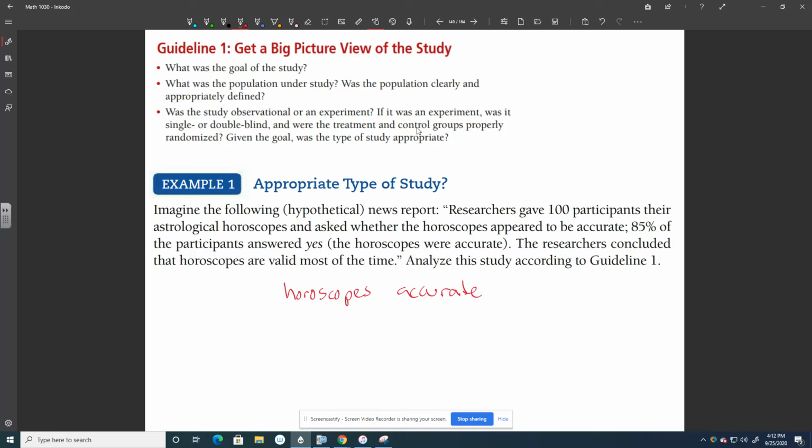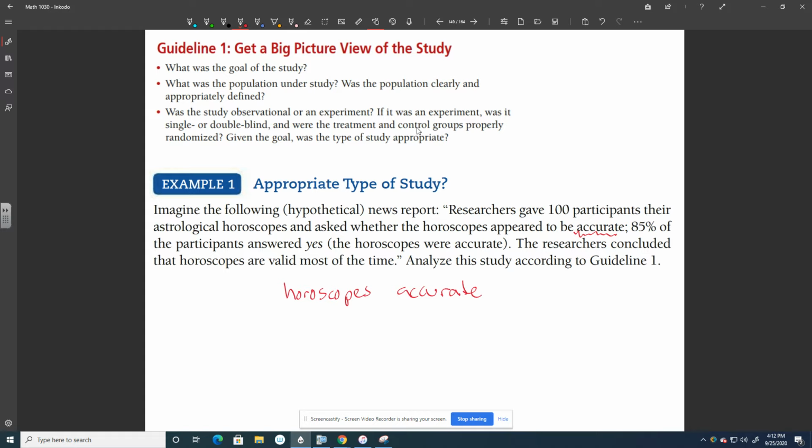There's a couple of things we have to be careful of, because they gave 100 participants their horoscopes and asked if they were accurate or not. We don't know, it just says, are they accurate? There's not a degree of accuracy. Was one thing mentioned accurate? Was the entire thing accurate? Accurate's a vague definition right there.